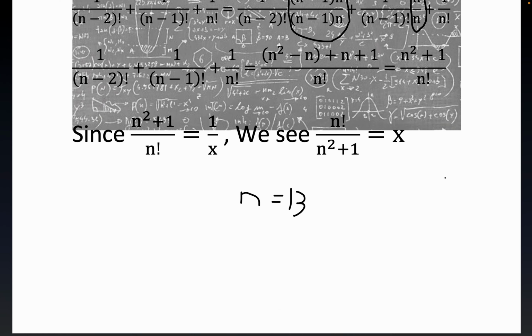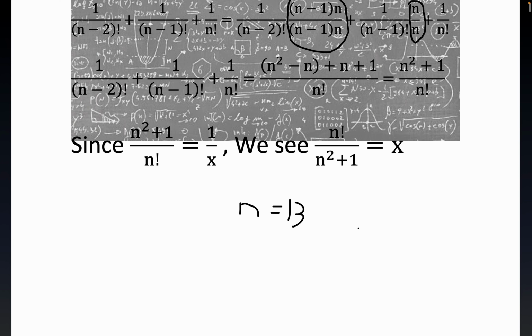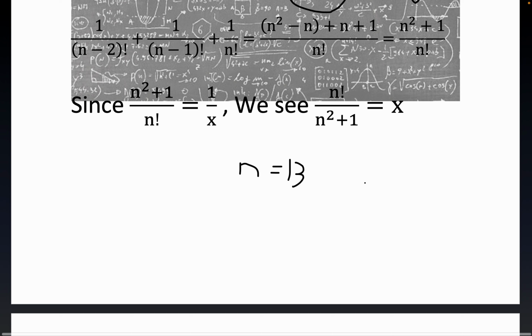Okay, and so what does that mean right here? That means that this piece right here, we would get n factorial, so it's 13 factorial over, now folks, 13 squared plus 1.